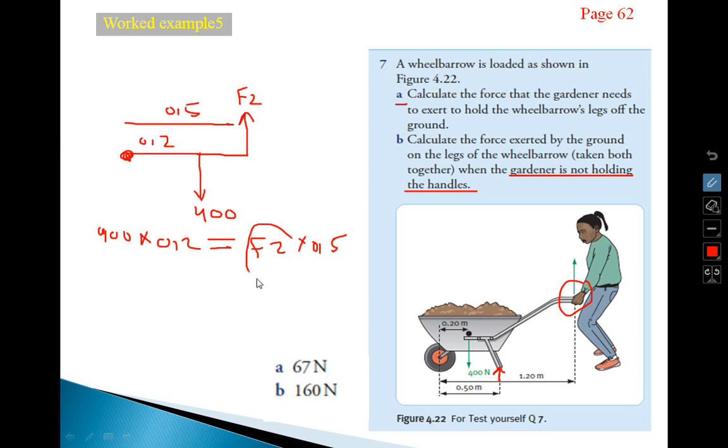So F2 is equal to this part divided by this. 400 times 0.2 is equal to 80, over 0.5, which is equal to 160 Newton. So F2, or the force here by the ground, is equal to 160.